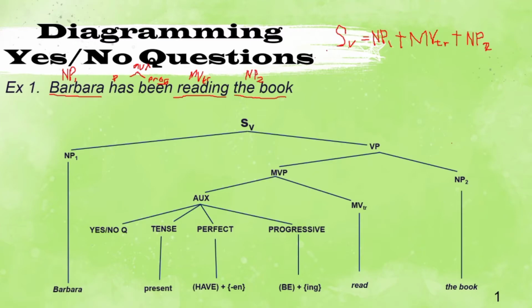The yes or no question node in the auxiliary symbolizes that this sentence structure underlies a yes or no question. In every other way, it is identical to a declarative sentence. Barbara has been reading the book.